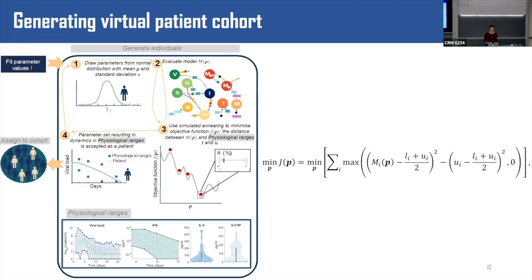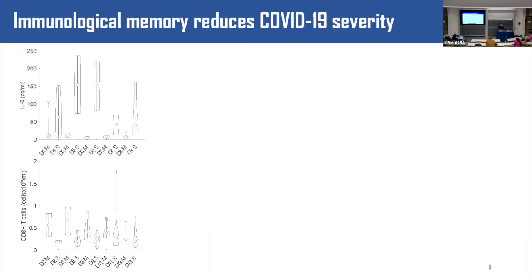By simulating our model in this virtual patient cohort, we get heterogeneous outcomes, but we are specifically interested in how differently the mild and severe patients respond in reinfection. So we need to find a way to define COVID-19 severity. Okay. Well, so we get some data from our hospital.